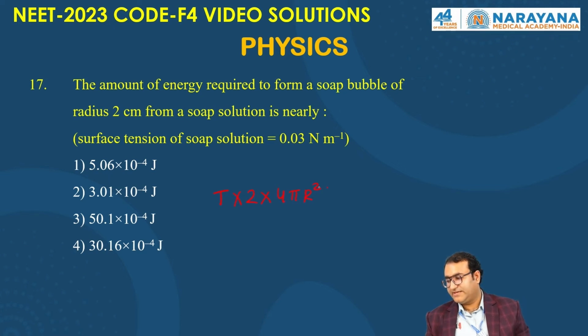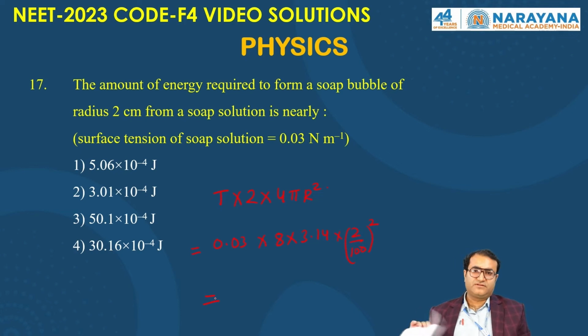This formula we have to apply here. Put the values given in the question: 0.03 into 8 into 3.14 into 2 by 100 whole square. Just go with the calculations here. After doing calculation, we'll get that it is nearly 3.01 into 10 power minus 4 joules. Second option is correct here.